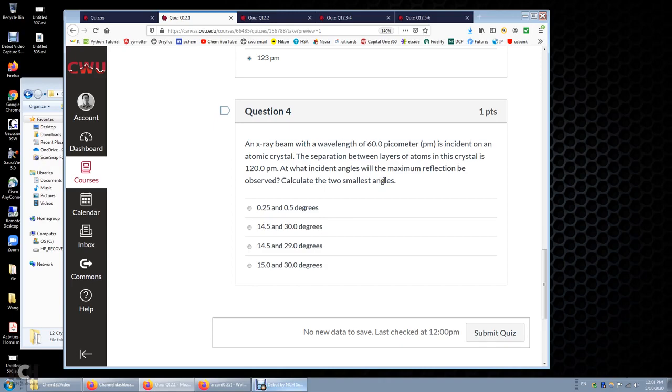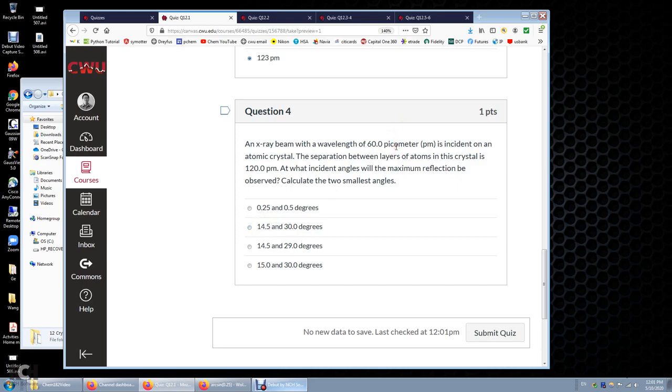So 1 lambda over 2d. That's going to be just 60 over 240. It's going to be 0.25. So we're talking about arc sine 0.25. I think we got this number before.